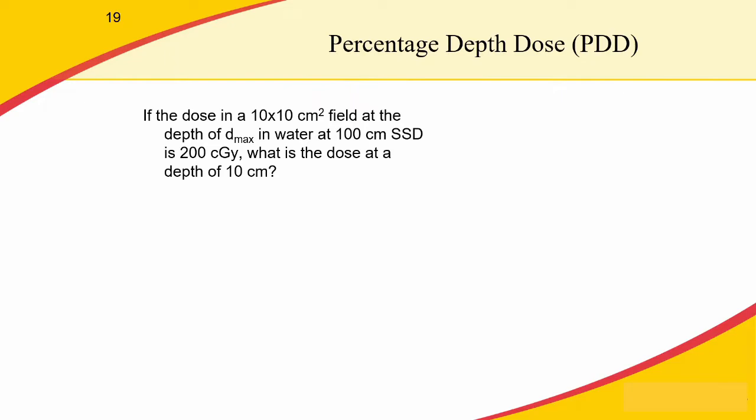What is the dose that we would have delivered at 10 cm depth in that phantom? Well, we know that PDD is just the ratio of the dose at the depth we want to the dose at our calibration depth. And we know that we delivered 200 centigray to our calibration depth, and we want to know the dose at 10 cm depth in the phantom.